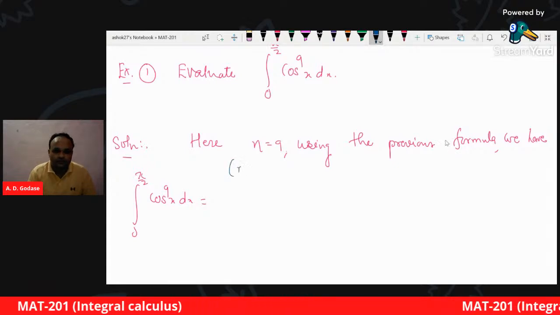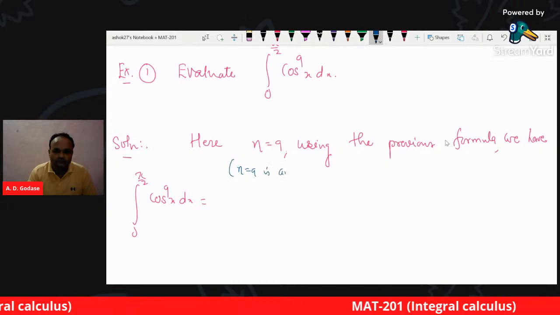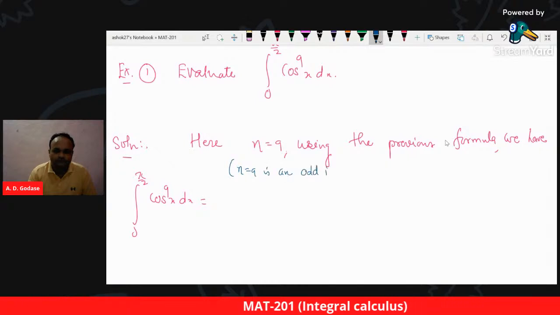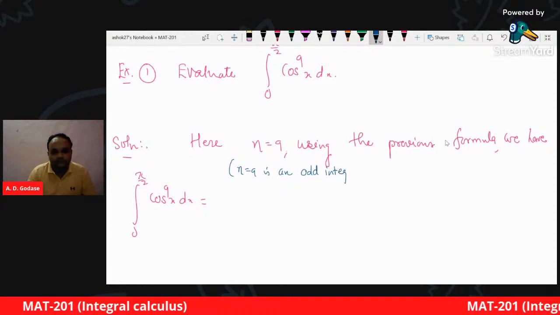Here n equal to 9 is an odd integer, so you have to use this formula for the case of an odd integer.